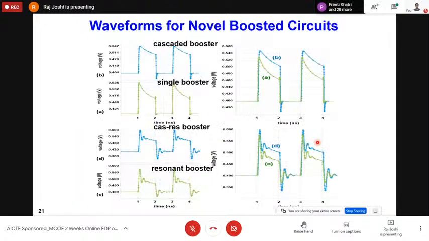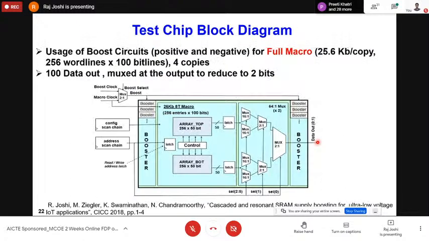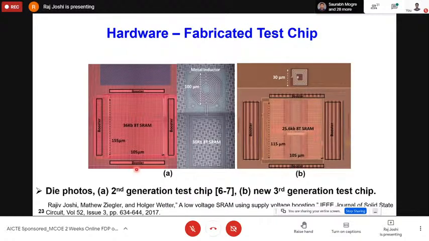Okay, I will skip some of these for the sake of time, because I have lots of slides to show you. So a test chip contains the block diagram, you can see, and it has booster circuitry, and this is the array here, control circuitry, and so on. And then you can get the output. The results of this, I just want to share with you. These are the chips, how they are fabricated.